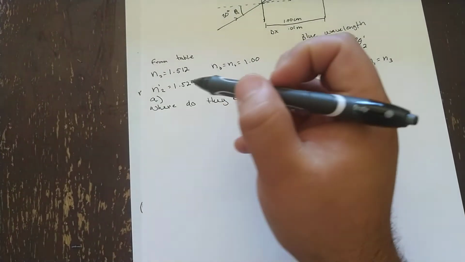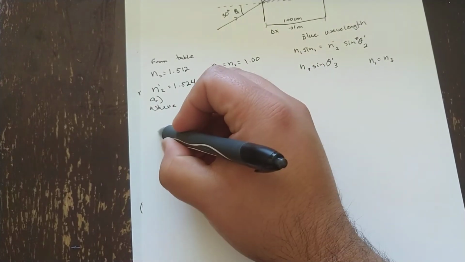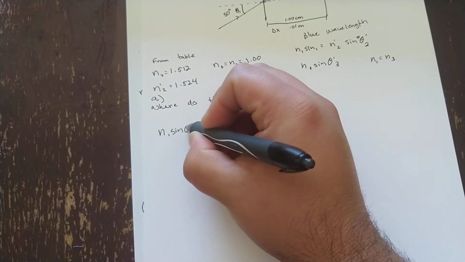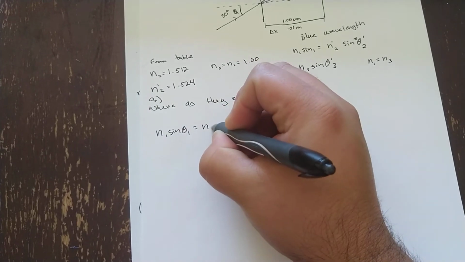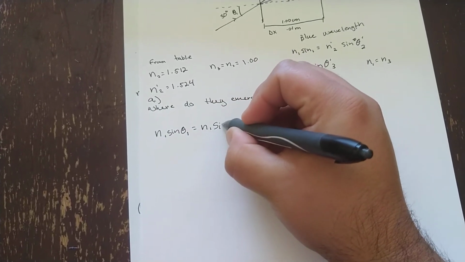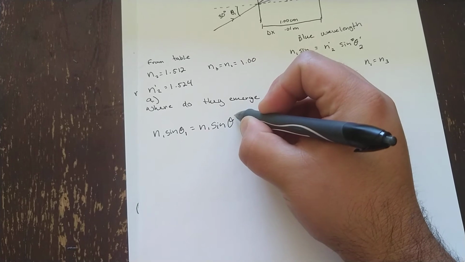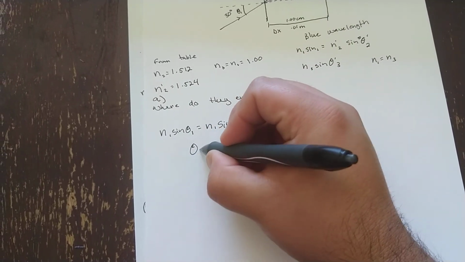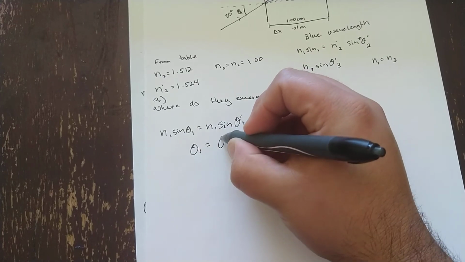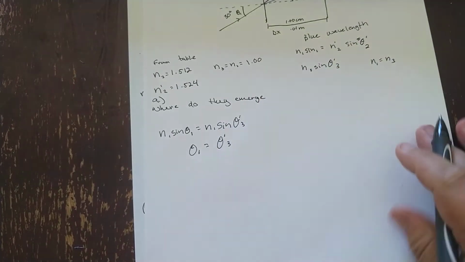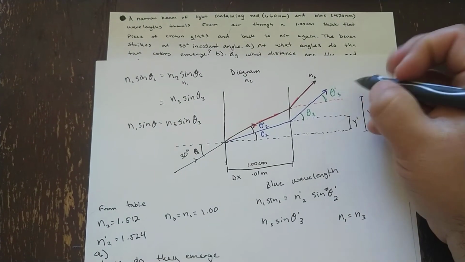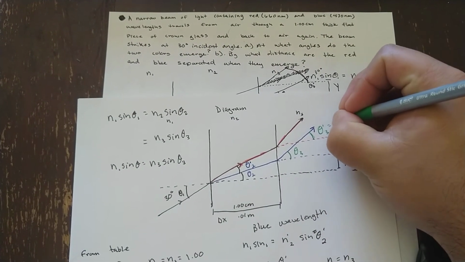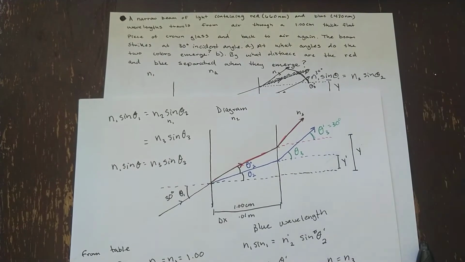To find out, you just look at the given information: N1 sine theta 1 equals N1 sine theta prime 3. So we know that theta 1 is the same as theta prime of 3. You have it over here, so those two are equal using Snell's law.